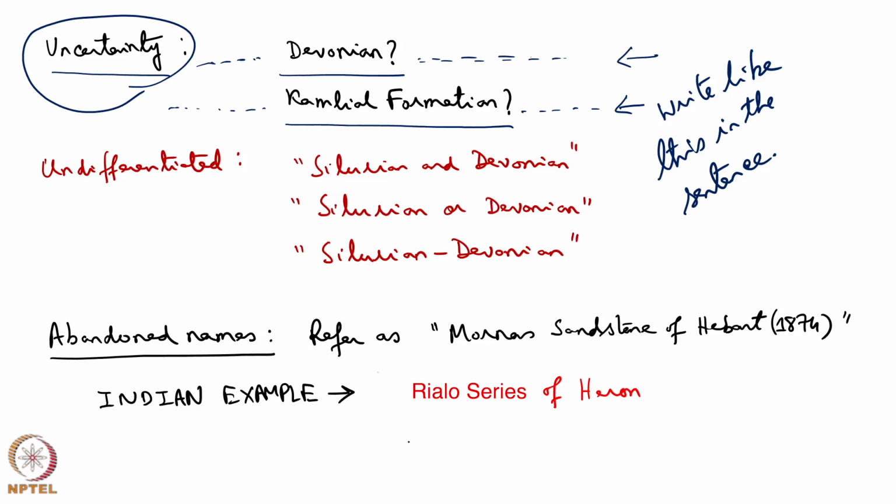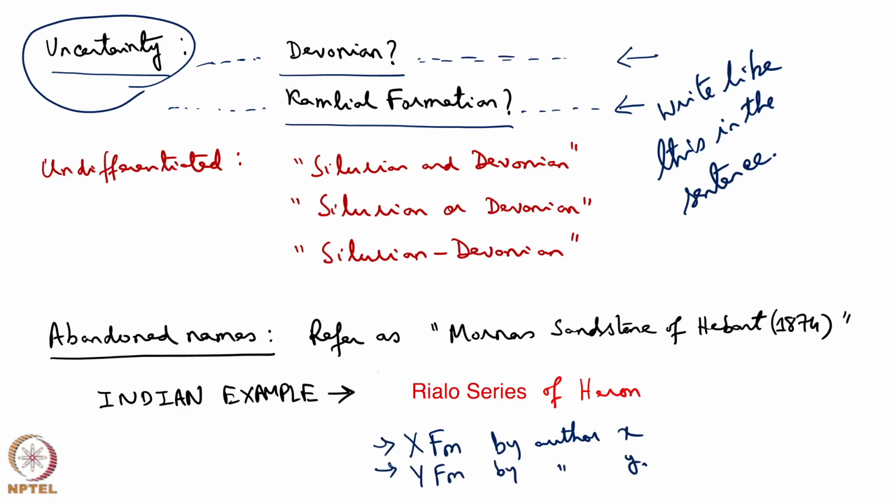It is possible that in some location what has been called X Formation by author X has also been described as Y Formation by author Y. In that case, which name to be used?